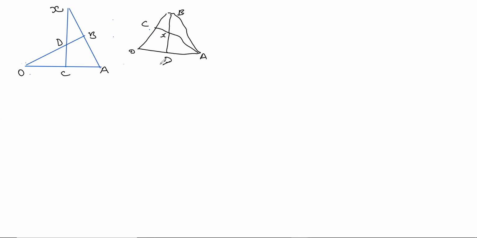AC and BD. Like for this diagram, the intersecting lines are AB and CD, but they intersect externally, and they intersect at this point X. You see they meet at point X. So since X is outside the diagram, we say X divides AB externally. You can also say that X divides CD externally.